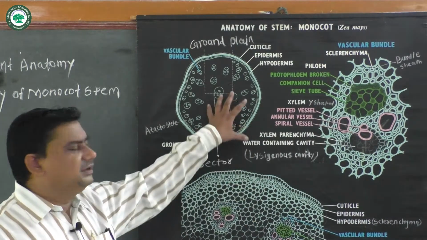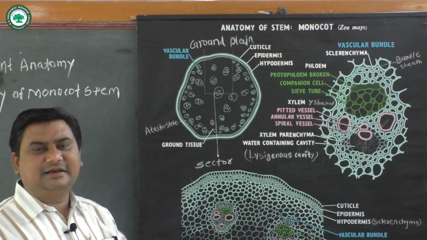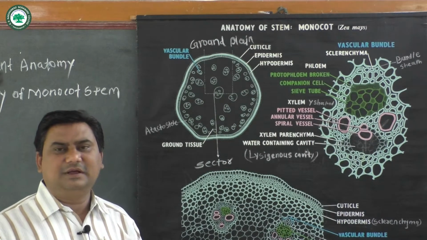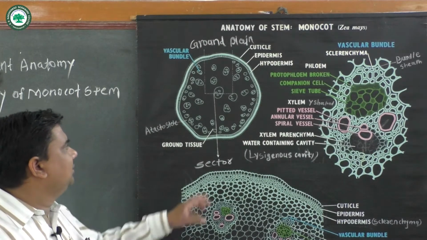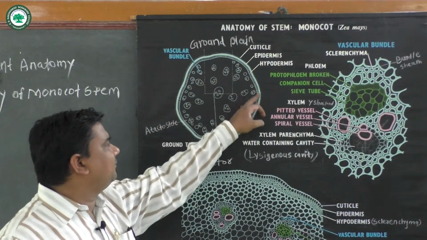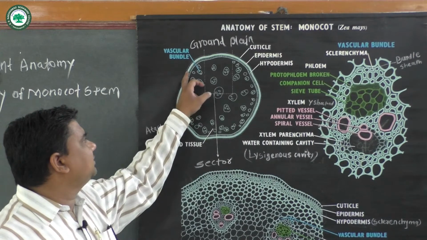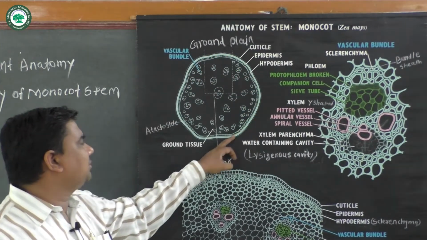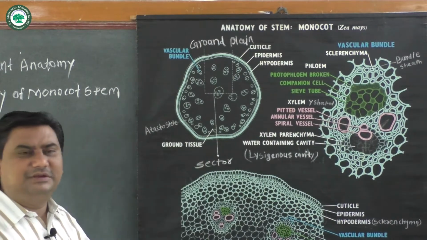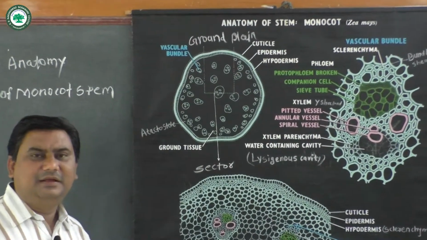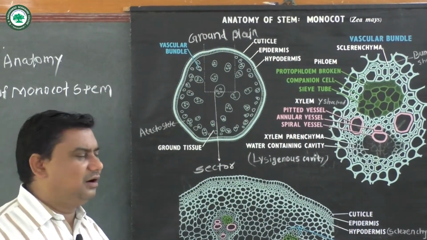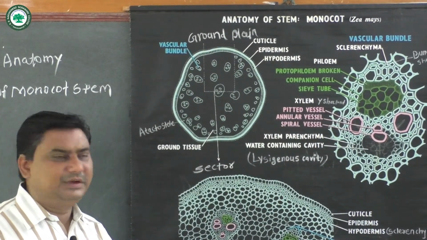Here the endodermis and pericycle are absent; there is only the ground tissue. This epidermis is made up of a single layered cell, and the outermost wall of the epidermis is covered by a thin walled waxy cuticle.